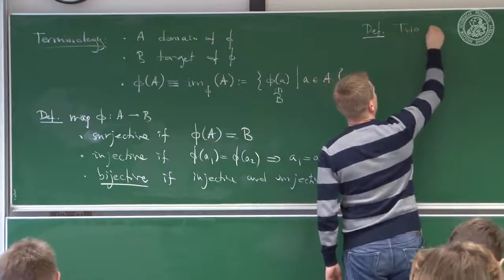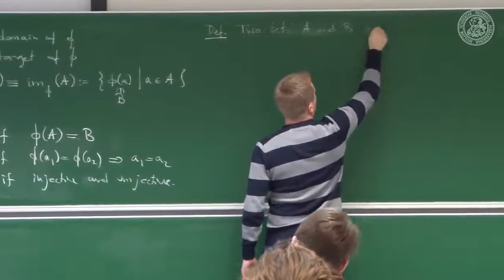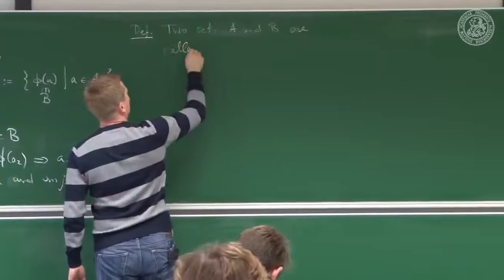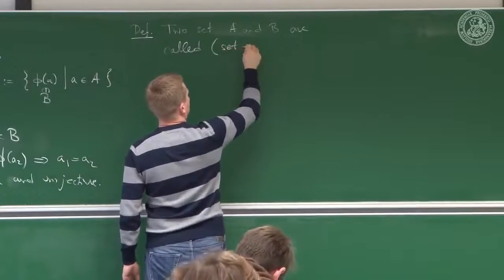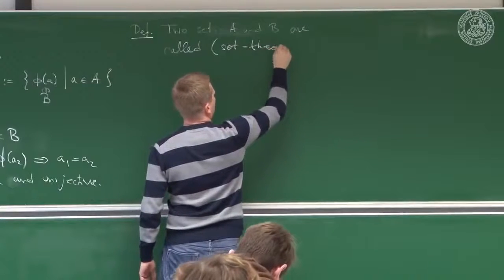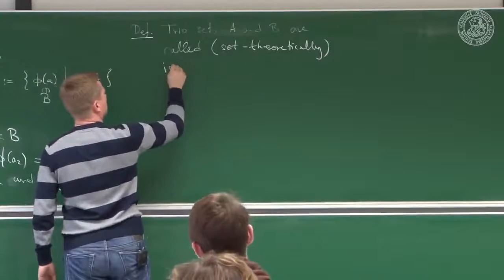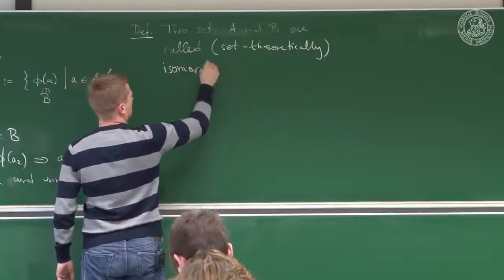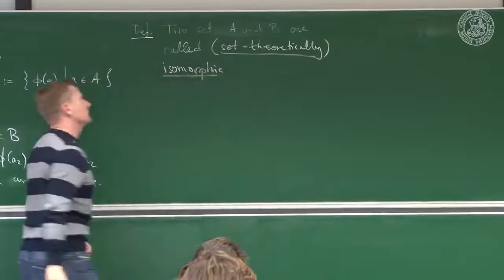Two sets, A and B, are called, I put the qualifier here, set theoretically isomorphic. So they're called isomorphic in set theory.